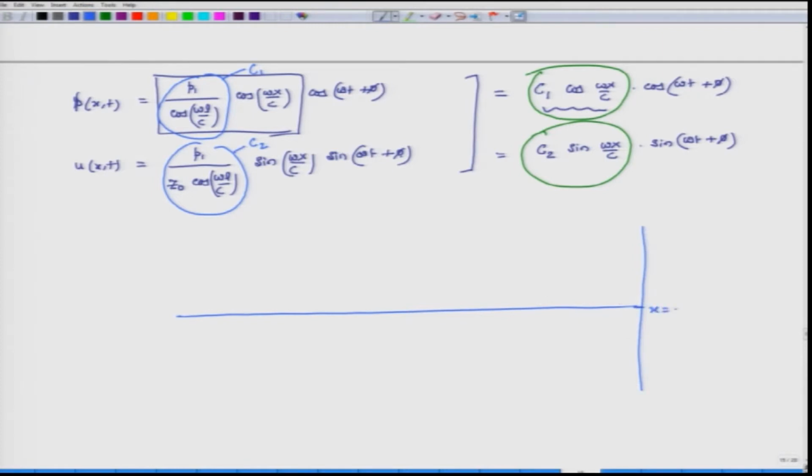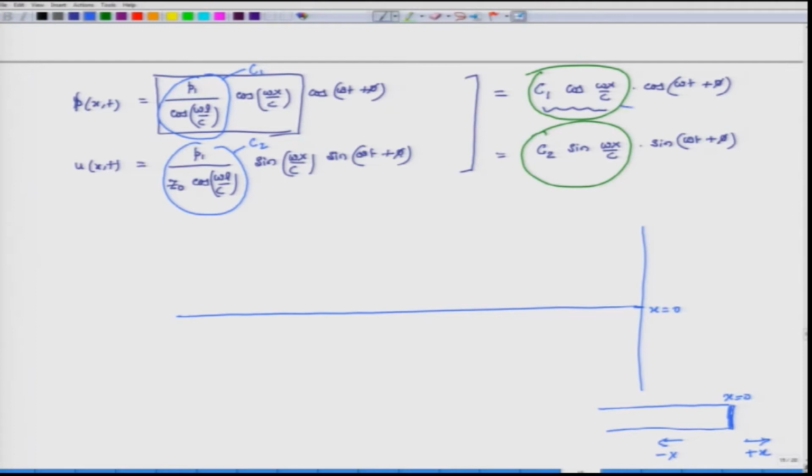X is equal to 0 at origin, and if you remember, our coordinate system was such that the closed end of the tube, this is the closed end, x is equal to 0, this is negative x and this is positive x. Okay.